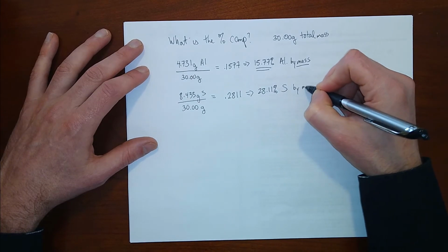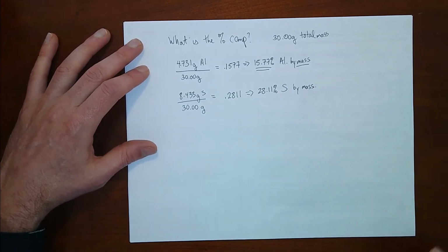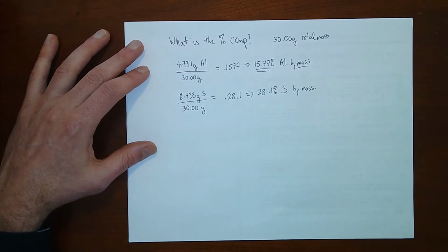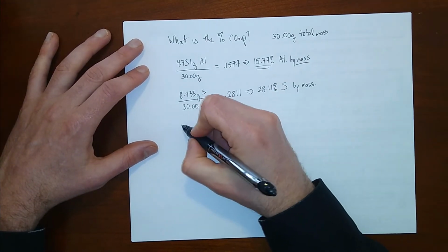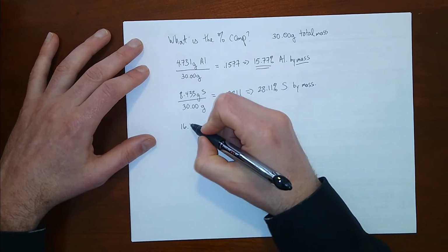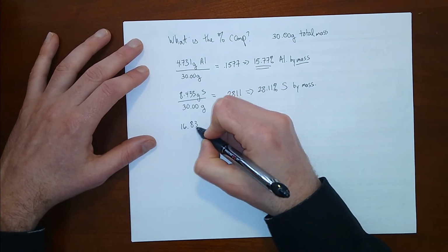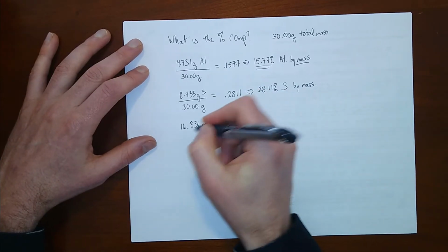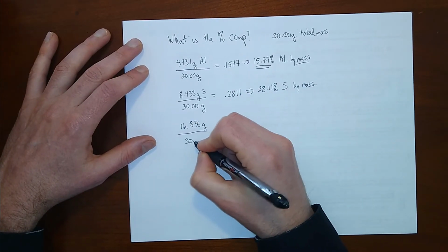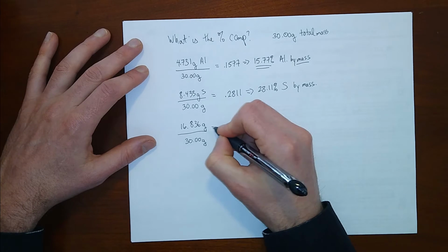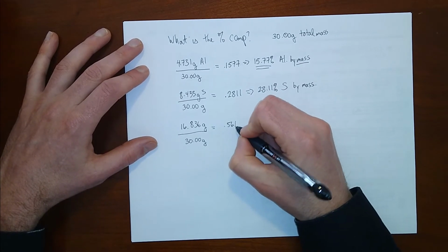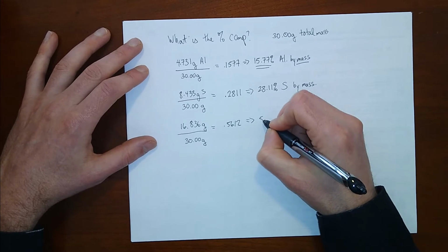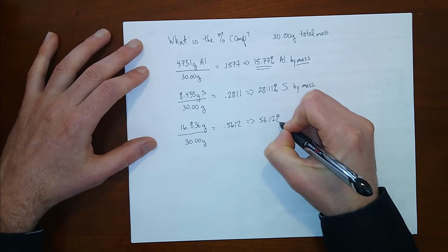So just over 28% of the mass of this compound is coming from the sulfur atoms. And then finally, the oxygen is the big one here. In fact, the oxygen contributes 16.836 of the grams out of the 30 total grams in the compound, which is a percentage of 0.5612 or 56.12%.